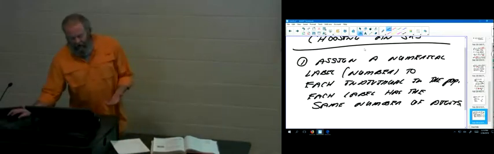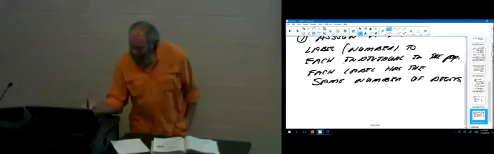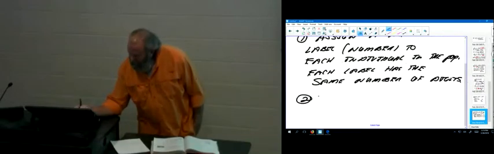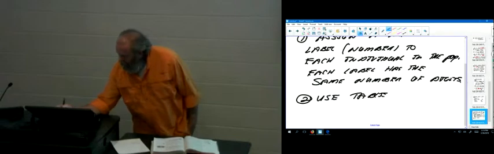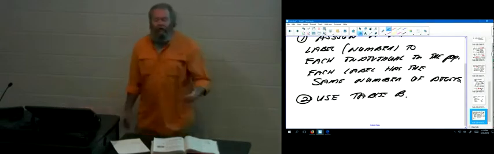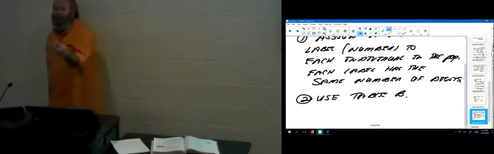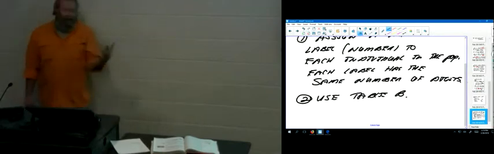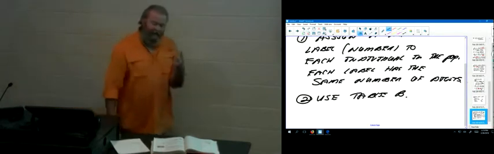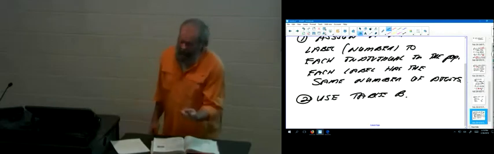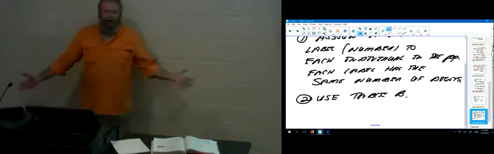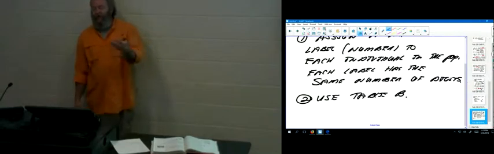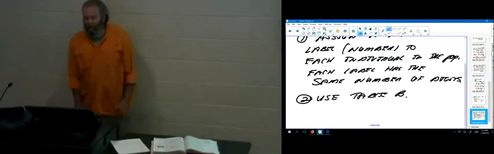Then, once we do that, 2, we use Table B. And we read the table according to the number of digits in our labels. If our labels in step 1 have 2 digits, we'll read the table as pairs. If 3 digits, we'll read them as triples. If 4, we'll read them as 4. Whatever we have to do to match the number of digits in our labels from step 1.